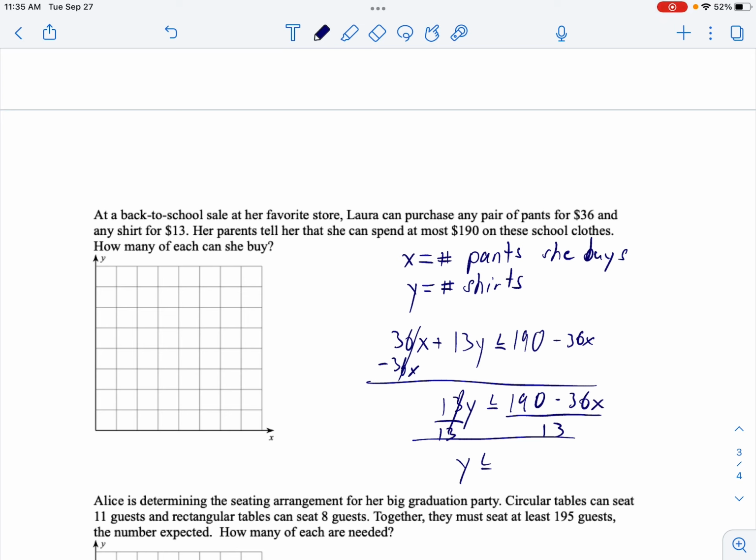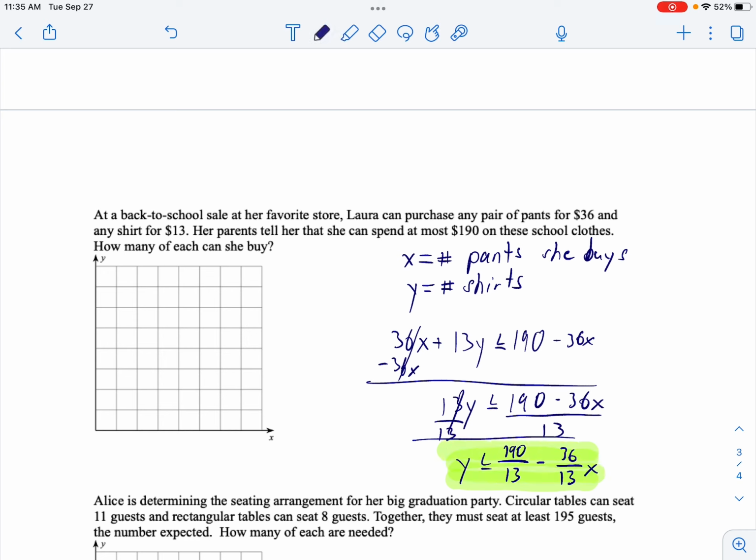I'm just going to leave it as 190 over 13. And then 36 divided by 13, that doesn't simplify either. It's still just minus 36 over 13x, okay? So here's my inequality that I'm going to graph, okay?